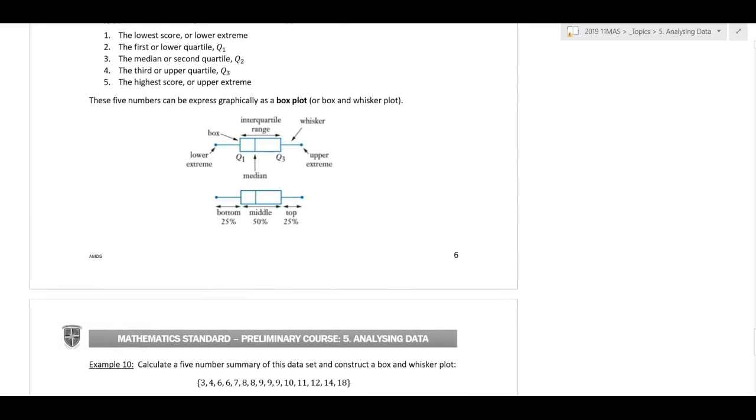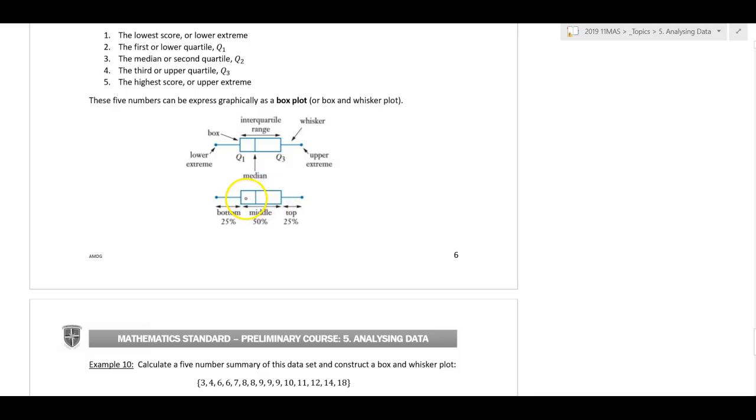We've already learnt about quartiles. But just a reminder here that the box and whisker plot breaks our data up into 4 quartiles, and each of those quartiles will contain 25% of the scores. So if we look at this example, the right hand side of the box appears quite a lot larger than the left hand side of the box. That just means that these scores are a bit more spread out and these ones are closer together.